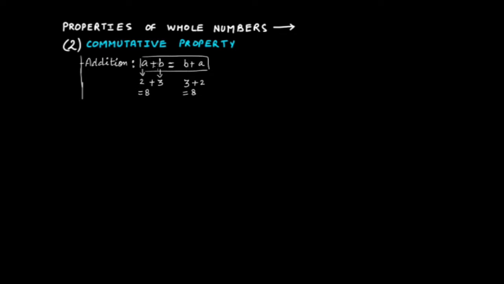The operator, the addition sign, is the same, but you have reversed the order of the numbers, and therefore at the place of A you got B, and at the place of B you got A. Therefore, addition of whole numbers follows the commutative property.